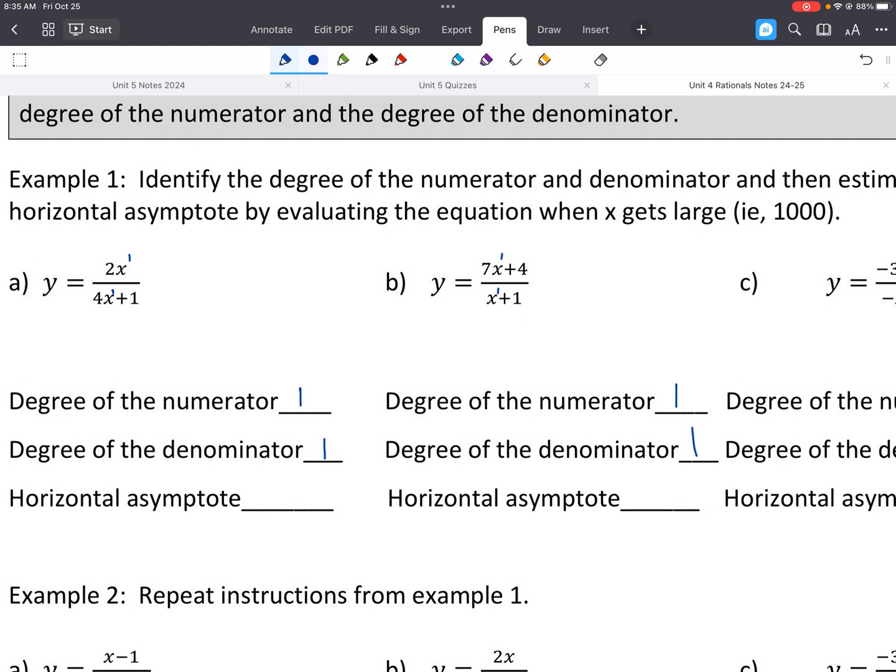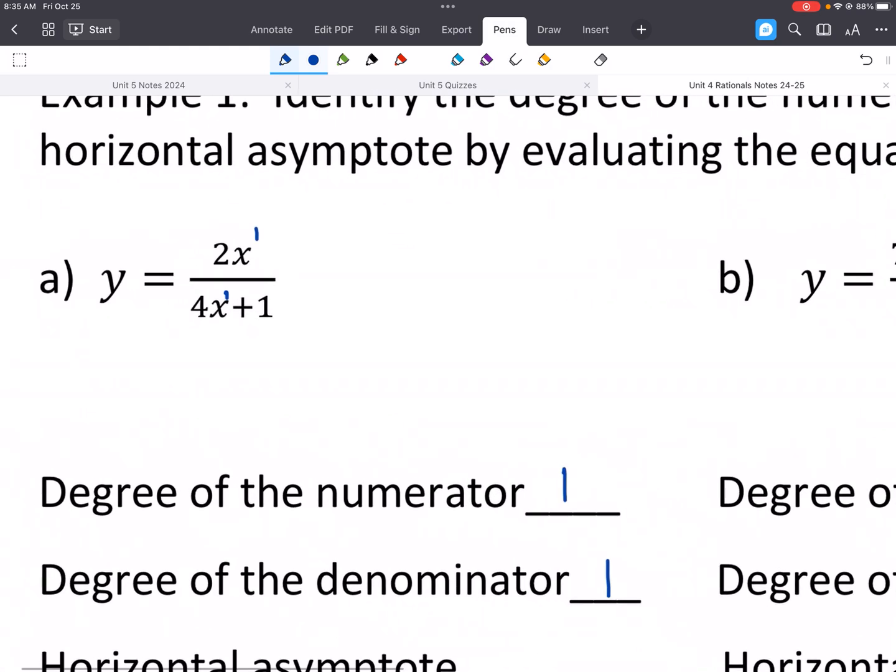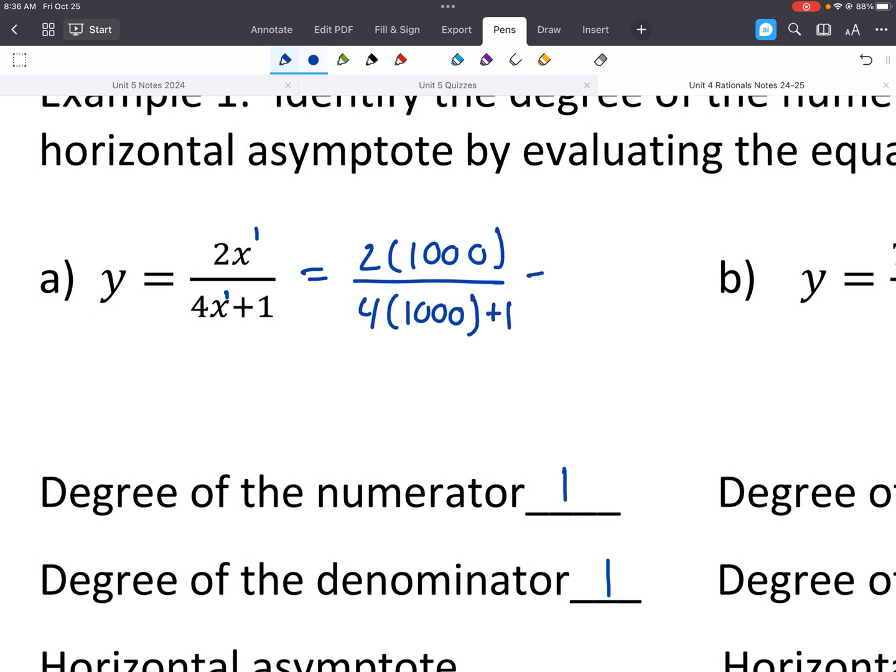To find more or less what the horizontal asymptote is, we're going to plug in a really large x value. For here, we're going to plug in 1,000 and see what we get. We would get 2 times 1,000 over 4 times 1,000 plus 1, which gives us 2,000 over 4,001.